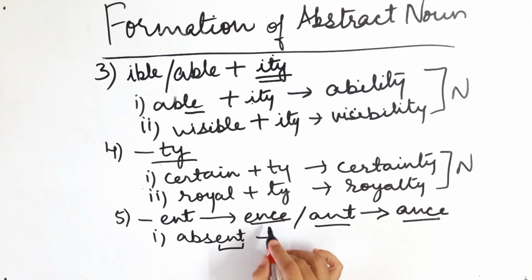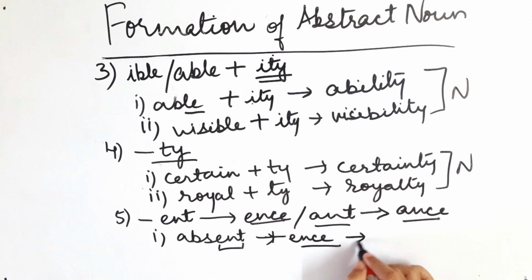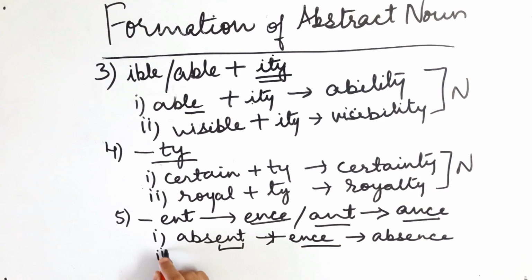It can be replaced by adding ENCE. So when it comes out to be a noun, the word becomes absence. I have yet another word in this category, and that is excellent.